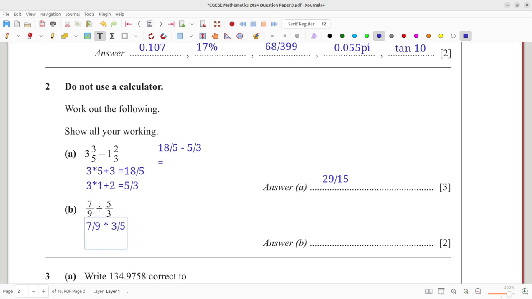And then your 7 times 3, sorry, 7 times 3, it's 21, divided by 9 times 5, it should be 45. Now, is there anything that can go in both numbers?